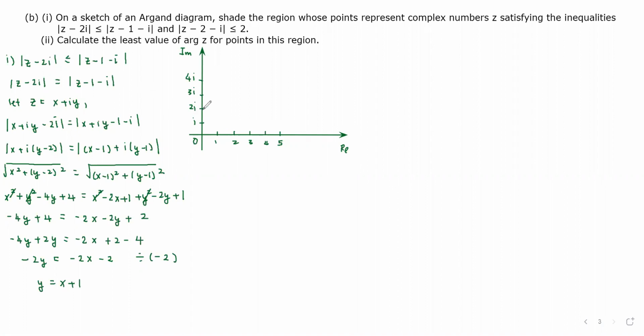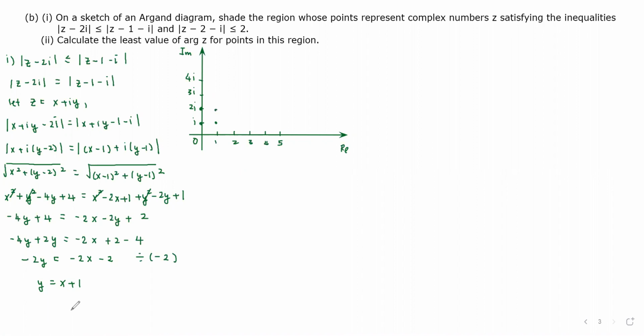We have the point 2i and the point 1 plus i. So this line y equals x plus 1 is a perpendicular bisector of this line segment. For y equals x plus 1, the y-intercept is 1 and the slope is 1.